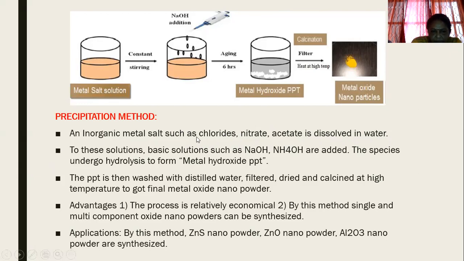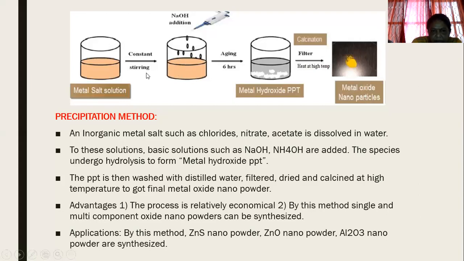So after you prepare this salt solution, then to this salt solution, we'll have to add some base. It may be sodium hydroxide solution or ammonium hydroxide solution. Then stir it properly, and the metal undergoes hydrolysis.